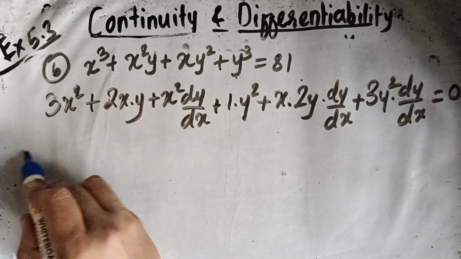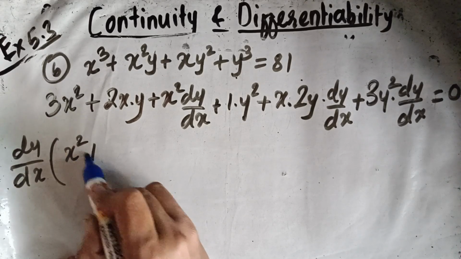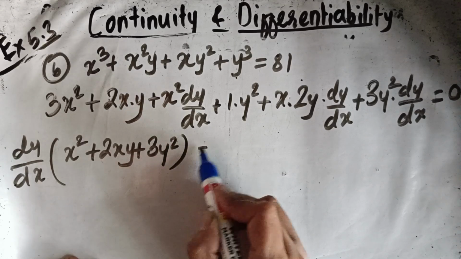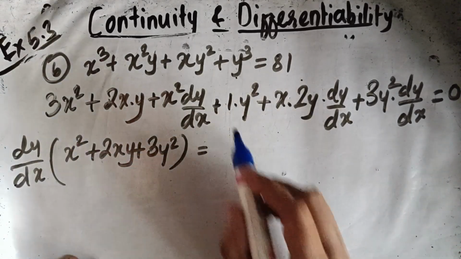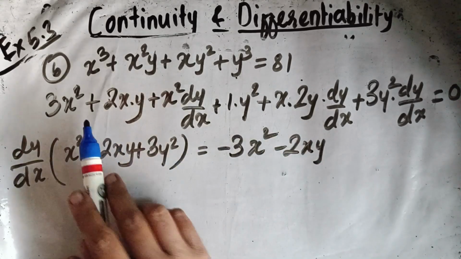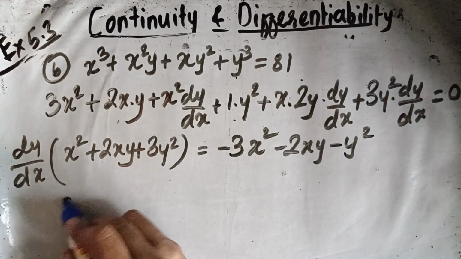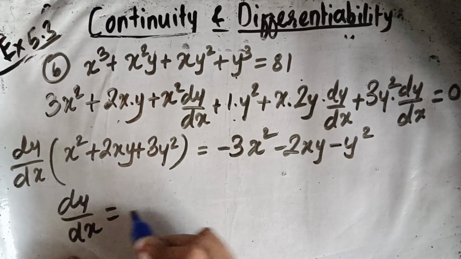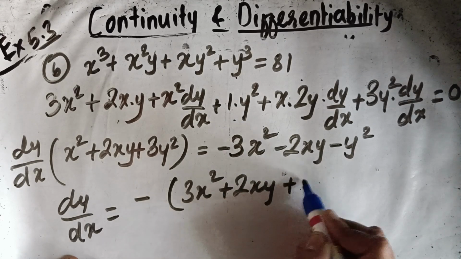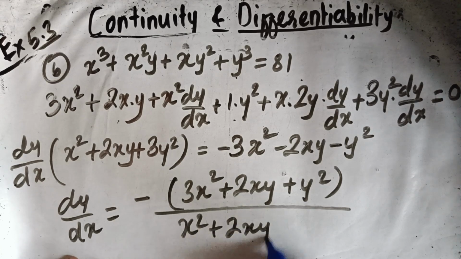Okay. Taking dy by dx terms together, x square plus 2xy plus 3y square equal to, other terms I'm taking that side, so minus 3x square minus 2xy minus y square. Okay. So dy by dx is minus 3x square plus 2xy plus y square upon x square plus 2xy plus 3y square.